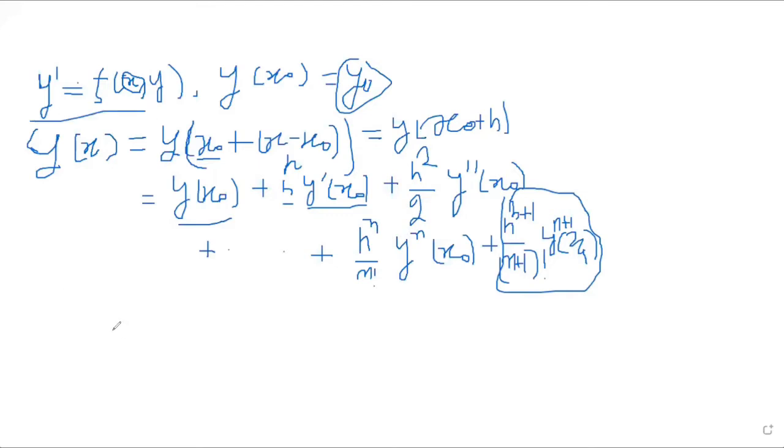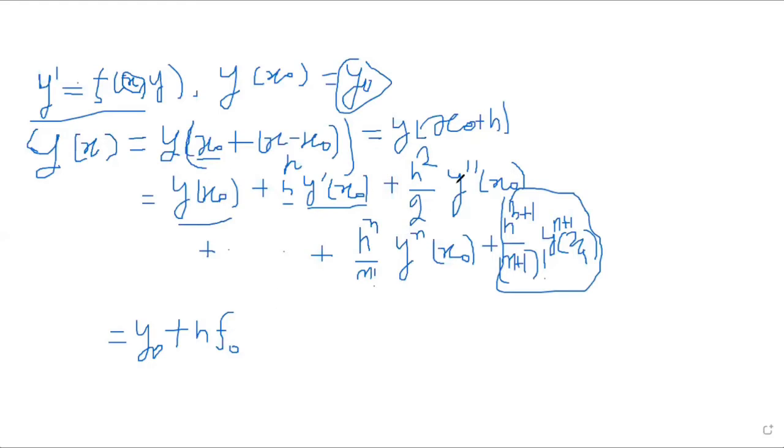So if we look here, this is y naught plus h, h is also given, and y prime at x naught is f naught. F naught means f at x naught comma y naught. So this is given.